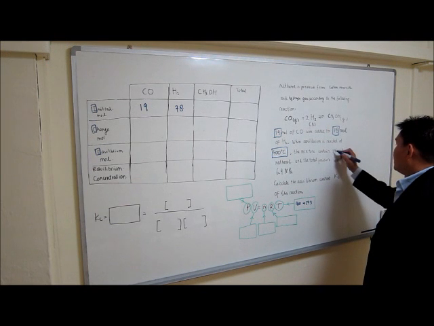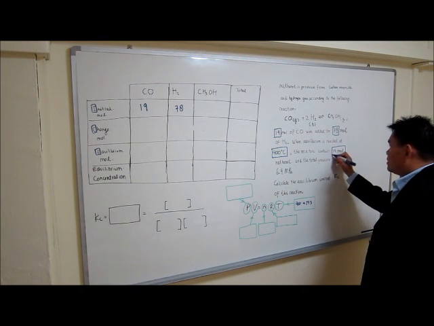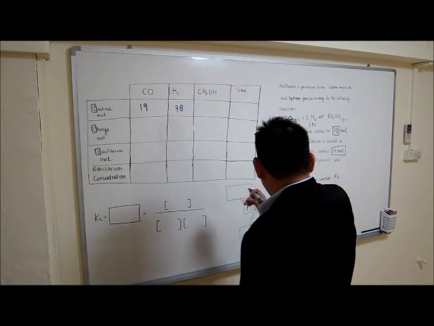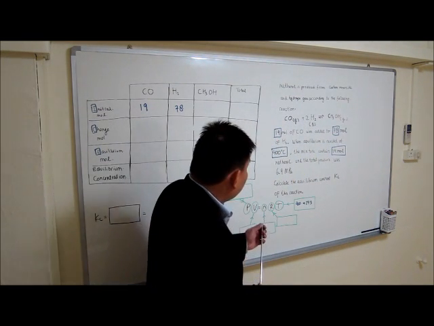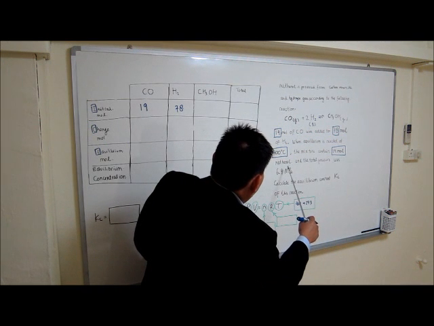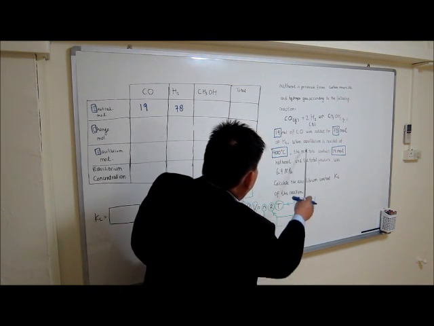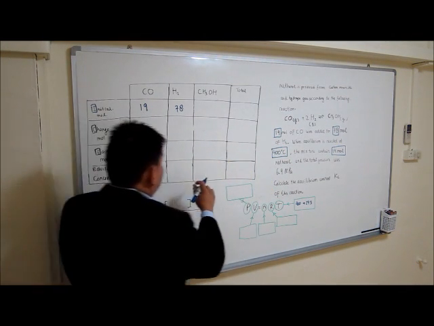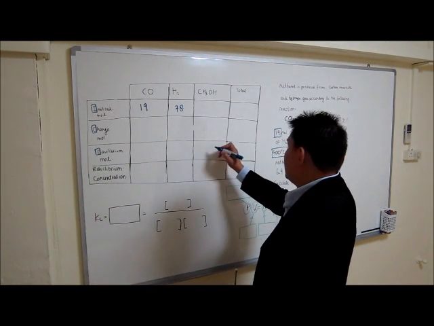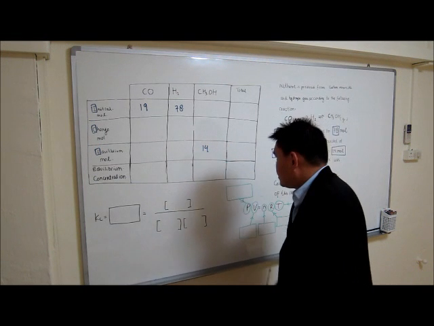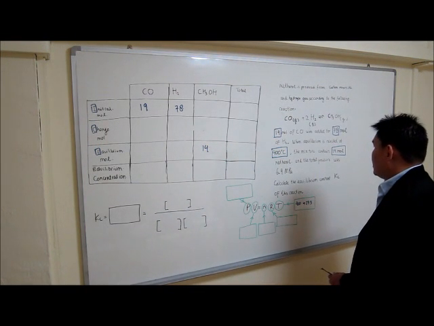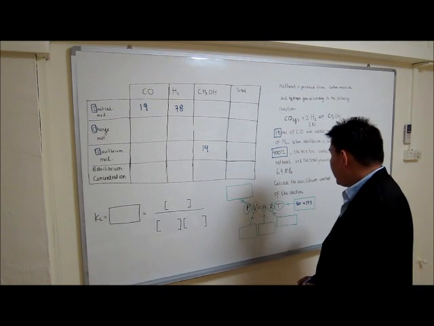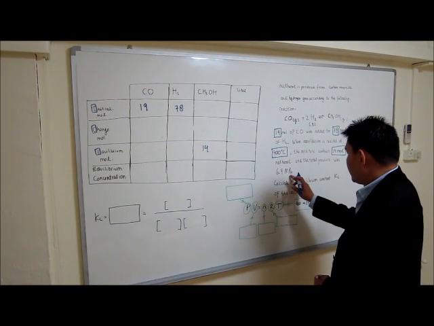Other information is 14 mole of methanol, which is CH3OH. If you read it, the mixture contains 14 mole of methanol when equilibrium is reached. So we put it in the equilibrium row, here, 14. And the total pressure is 6.9 megapascal.